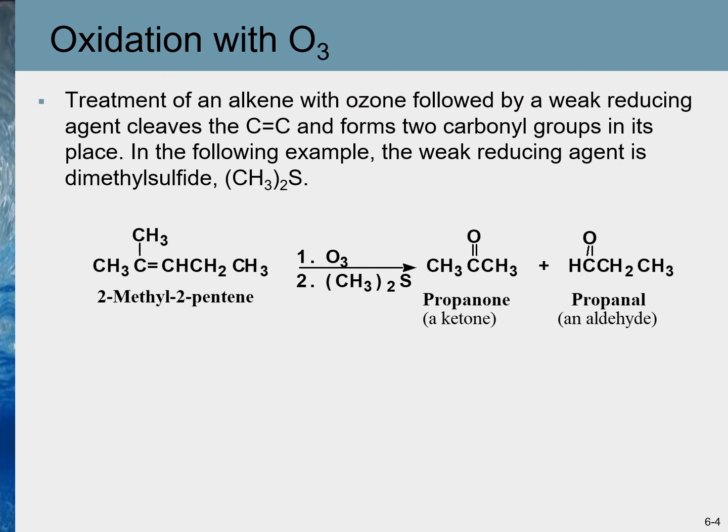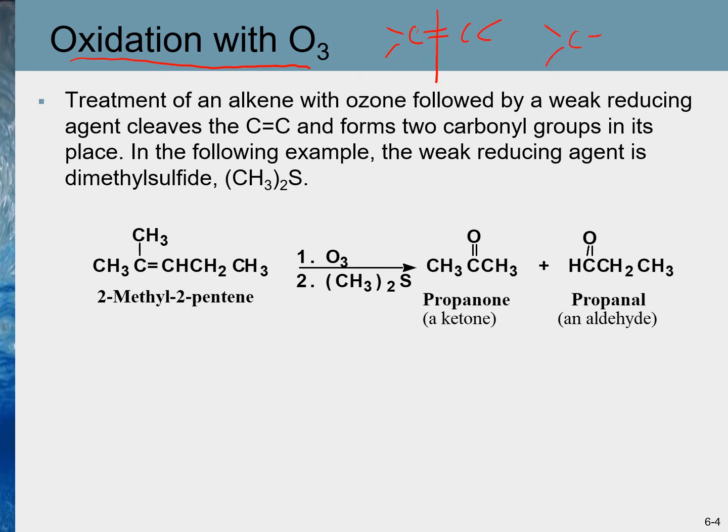All the reactions which we have seen so far in this chapter involve cleavage of a pi bond, and an atom or a group of atoms will add across the carbon-carbon double bond. However, oxidation with ozone is one of the reactions in which the carbon-carbon double bond is completely cleaved.